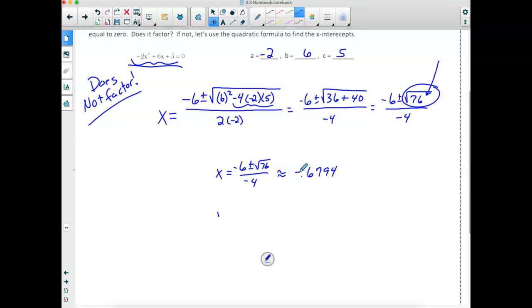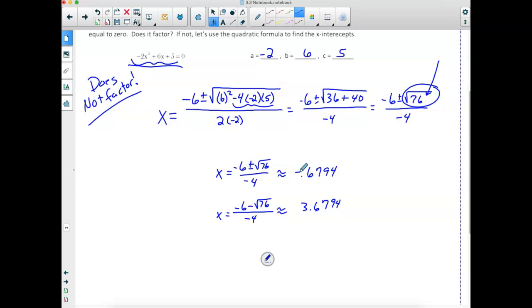There's one, and the other one is x equals -6 minus the square root of 76 divided by -4. And that, when I type it in my calculator, is approximately equal to 3.6794. Okay, so those are my approximations. Now, these are irrational numbers because those decimals keep on going and going and going.